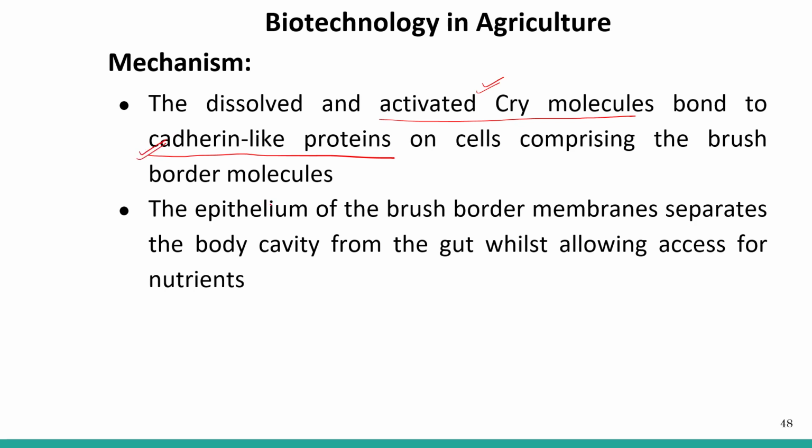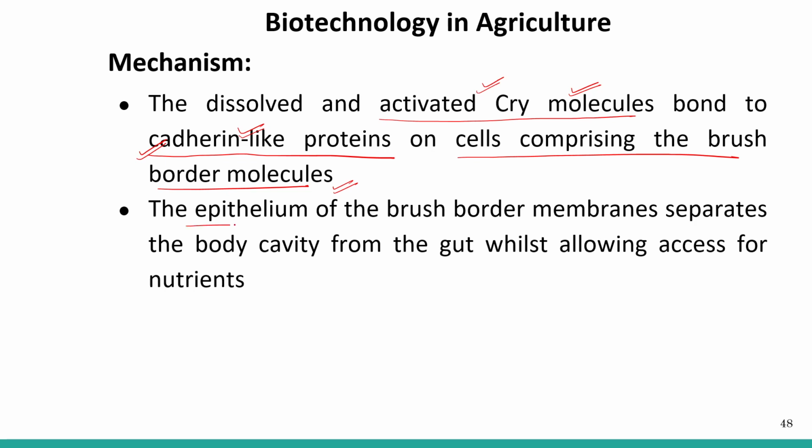These are receptor proteins present on the cells of the intestine of the insects, on cells comprising the brush border membrane. So the dissolved and activated Cry molecules bind to the cadherin-like protein on the brush border membrane present on the intestinal epithelial cells.